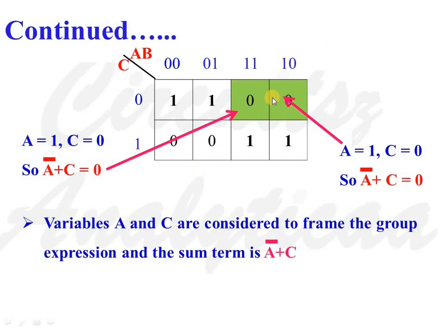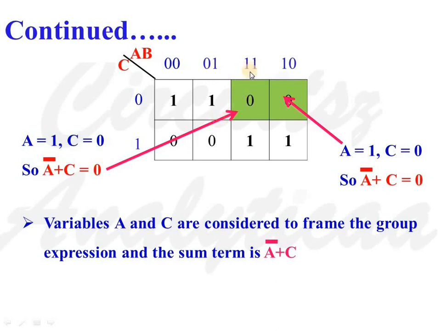So for these two cells, value of variable A is equal to 1 and value of variable C is equal to 0. So when we frame the sum term, as value of variable B is different for these two cells, we have to include variable A and variable C. We have to exclude variable B from the expression.